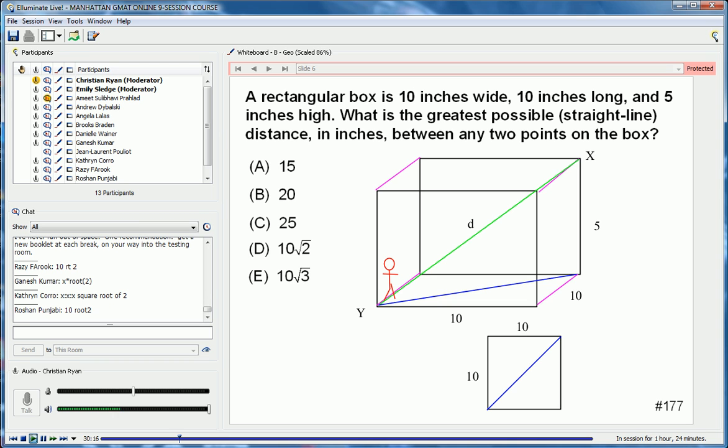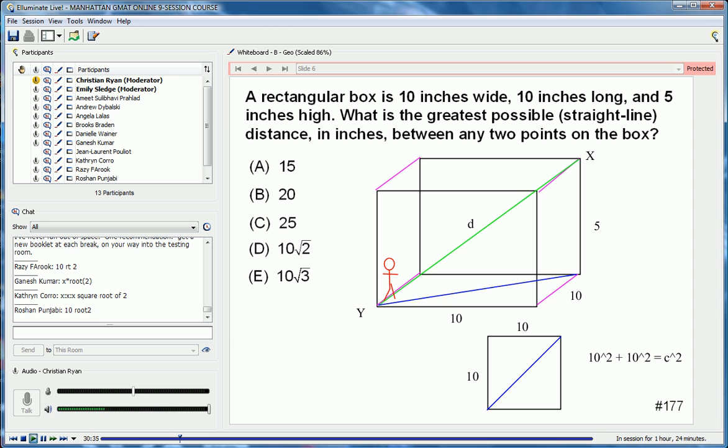Awesome. It's the side times square root of 2, and you can get that either from a 45-45-90 degree triangle or from the Pythagorean theorem saying 10 squared plus 10 squared equals c squared.